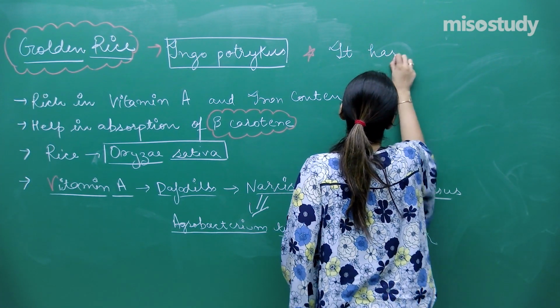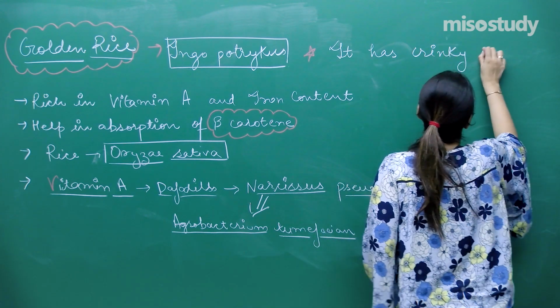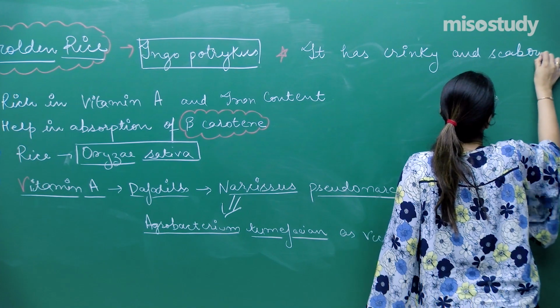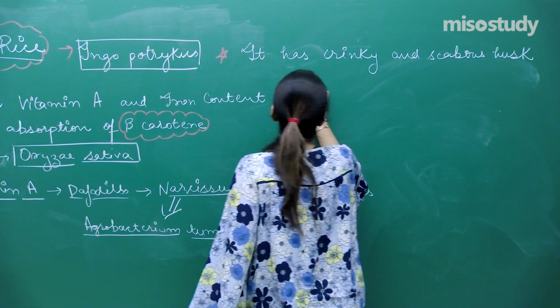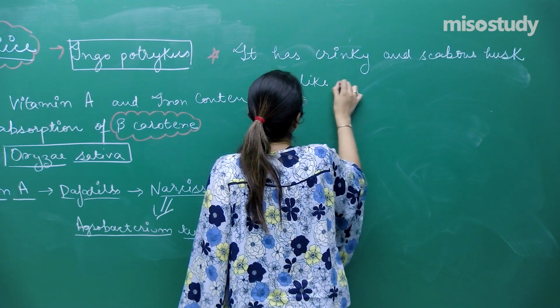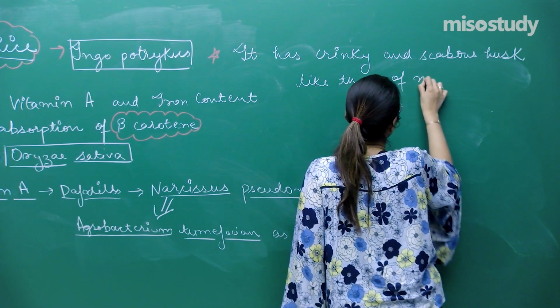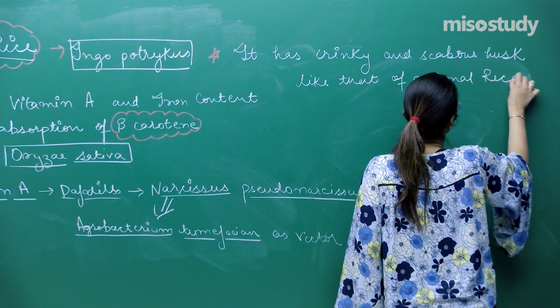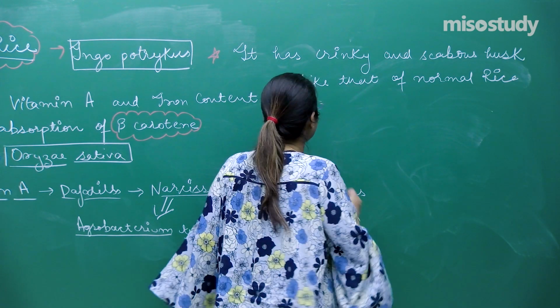It has the same crinkly and scabrous husk like that of normal rice, right?